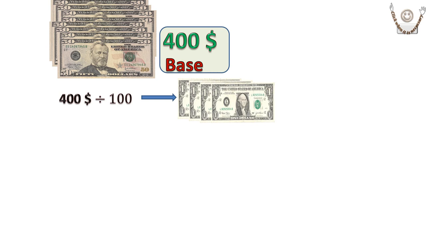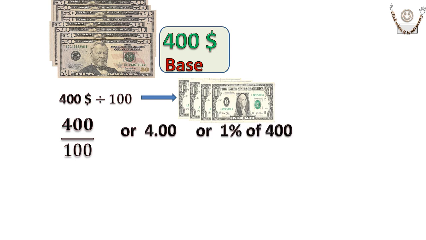It can be 400 over 100 as a fraction, or it can be just 4.00 in decimals, or we can say 1% of 400 is $4. So $4 we would call an amount.